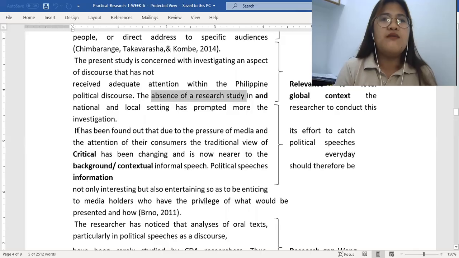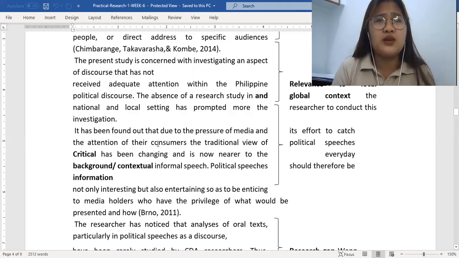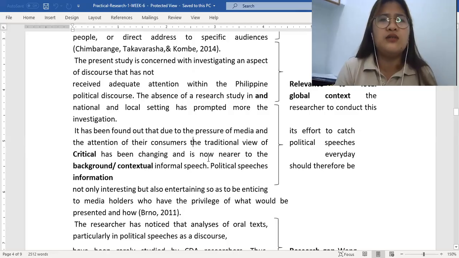Okay? It has been found out that due to the pressure of media and attention of their consumers, the traditional view of critical has been changing and is now nearer to the background or contextual informal speech.